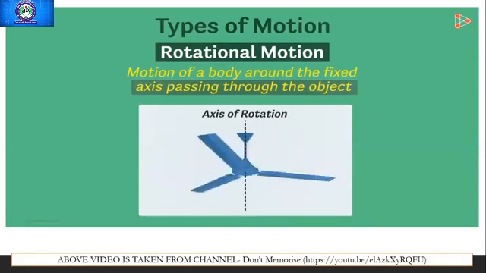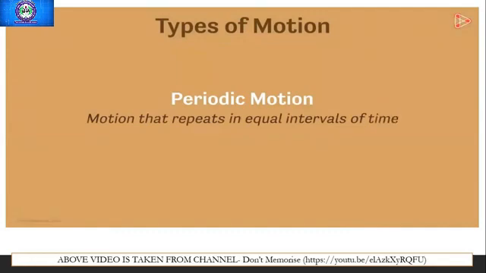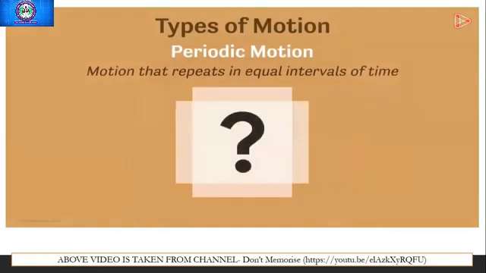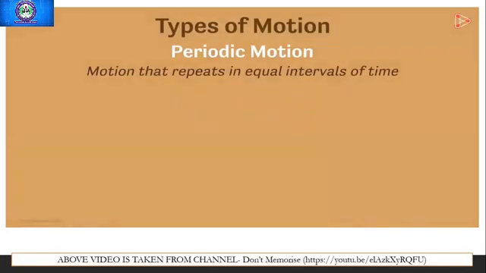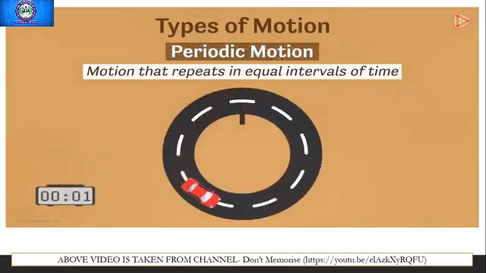And the final type of motion is periodic motion, which is the motion that repeats itself in equal intervals of time. Can you think of any example of this type of motion? Any object repeating its motion in equal intervals of time will be undergoing periodic motion. Assume an object is moving in circles and is covering each round every 3 seconds. Is it performing a periodic motion?